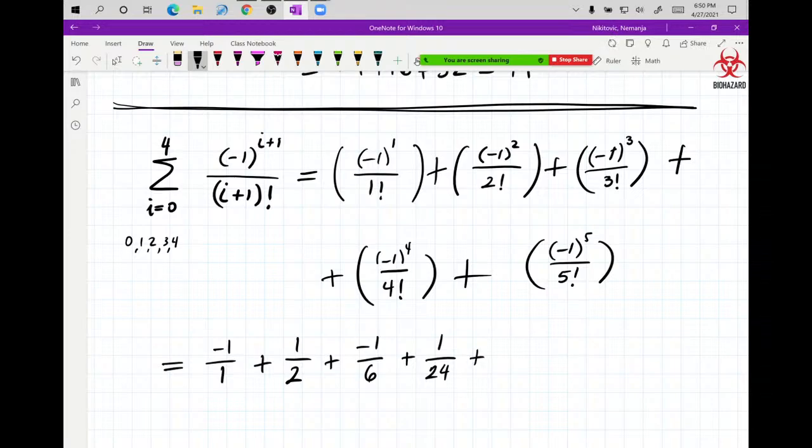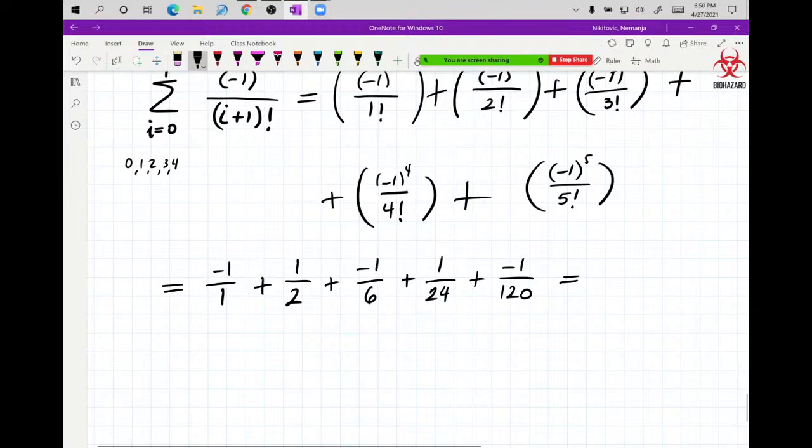And finally, plus negative 1 divided by 120. So these are our values. And now we just need to add these. So this is actually smaller than 1. It should be smaller than 1.